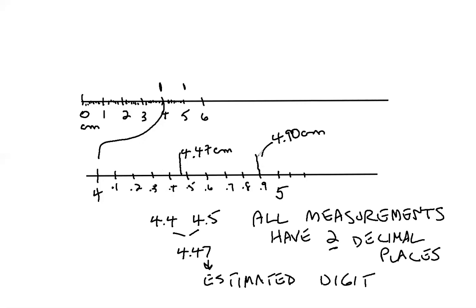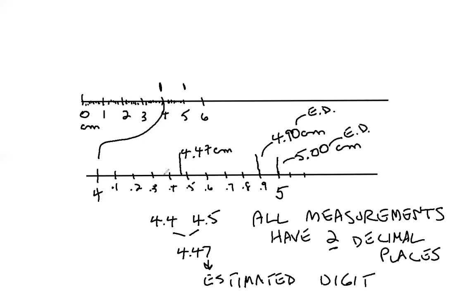You might see it as directly on the line, but someone else might perceive it to be a little bit off the line. If you perceived that something was right at the 5, then this would be reported as 5.00 centimeters. Once you figure out a measurement in between calibration marks, every measurement has to have that number of decimal places. So for this measurement, the 0 is our estimated digit. And for the 5.00, this last 0 is our estimated digit.